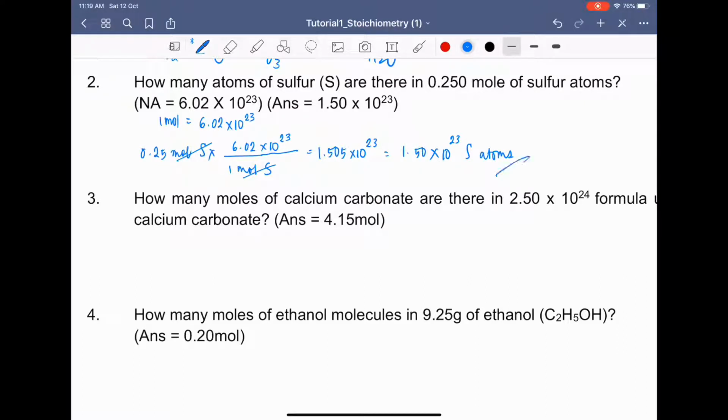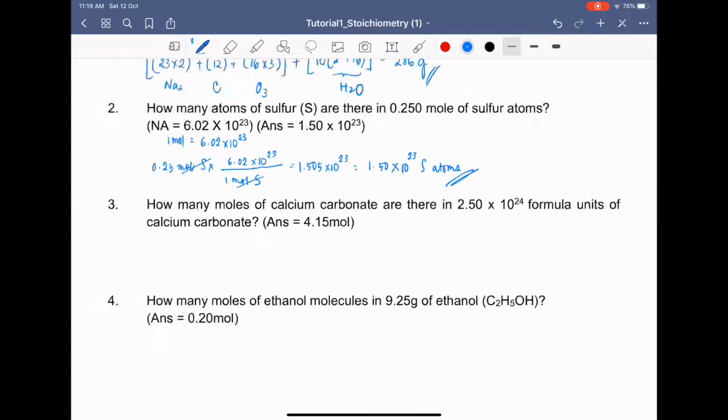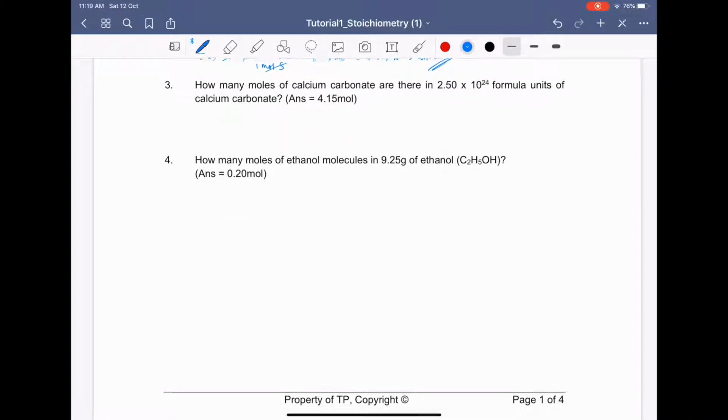Next, we move to question 3. How many moles of calcium carbonate are there in 2.5 times 10 to the 24 formula units of calcium carbonate?